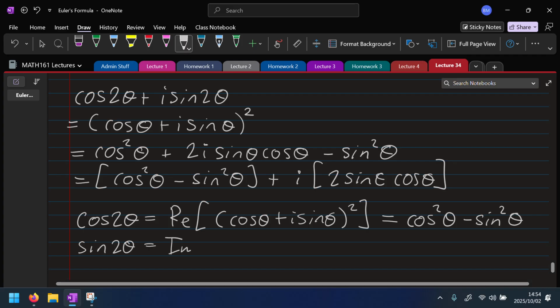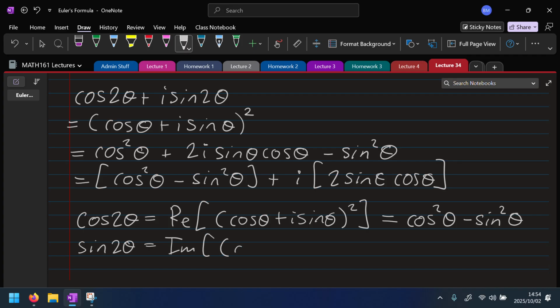That will be the imaginary part of whatever we just worked out, and that will be that second bracket there, the one with the R. Done. So we proved the two double angle identities with one complex equation.